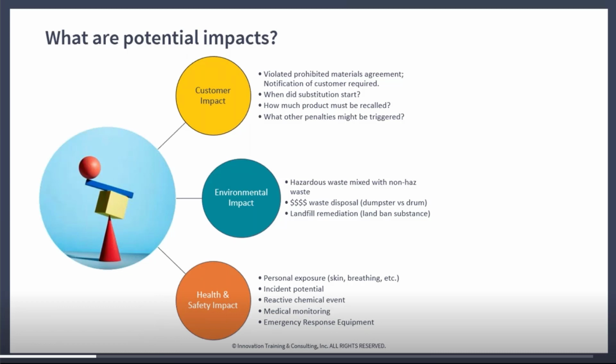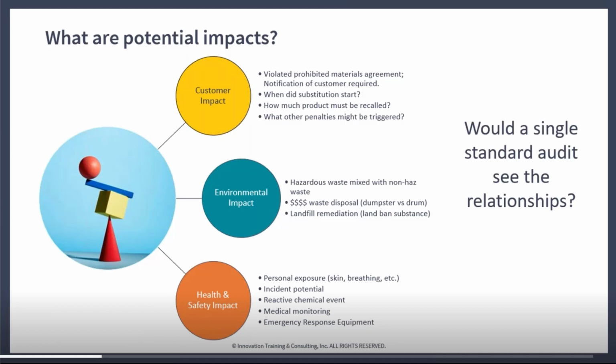So my point about this is that if I was strictly a quality auditor staying in that lane, there may have been a perception that we weren't following the control plan, and perhaps the importance of that might not have been as evident. But once we looked across the three systems, it became much more important, and it became quite a discussion point. So that's the finish with setting the stage. So hopefully you're interested in doing integrated audits after that.